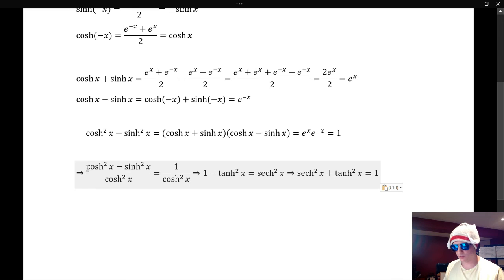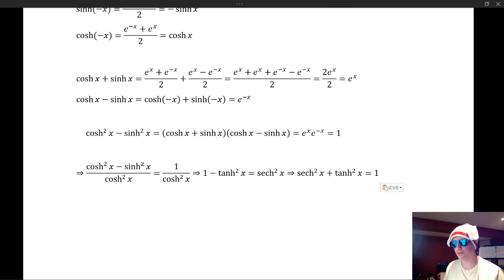So we get 1 minus tanh squared x, because cosh squared x divided by cosh squared x equals 1, and sinh squared x divided by cosh squared x equals tanh squared x. This is equal to sech squared x. That's 1 over cosh squared x. Therefore, sech squared x plus tanh squared x equals 1.